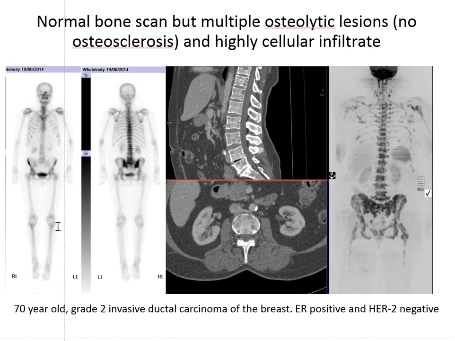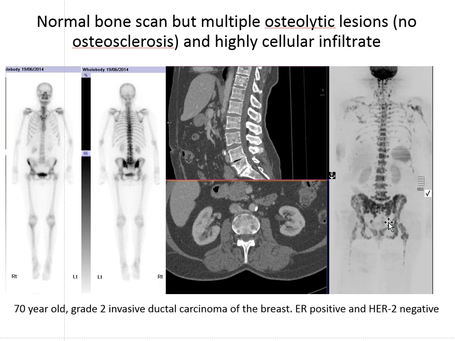I just wanted to show you an example of what this looks like. So here is a patient who has predominantly osteolytic lesions. You can see that on the CT scans, sagittal and axial images. The bone scan is normal, but look at the diffusion scan. You can see extensive marrow infiltration throughout the spine and in the bony pelvis.